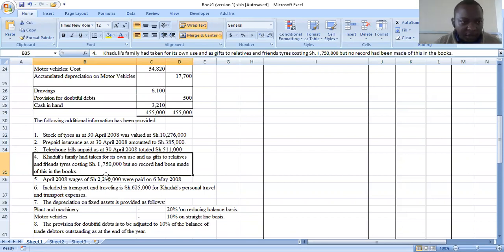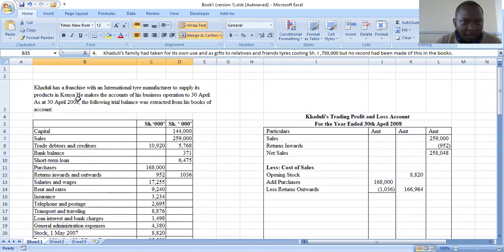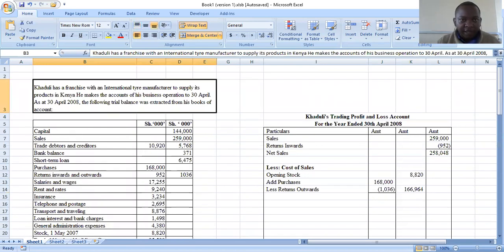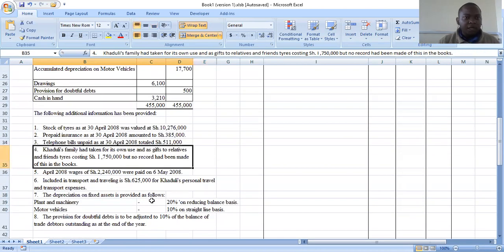So these are drawings. Remember that Kanduli is the owner of the business, and the business is in the business of selling tires. According to number 4, Kanduli took out tires for his own use out of the stock, but no record has been made. So these were drawings, goods that he withdrew.